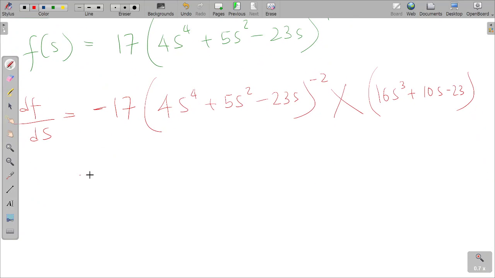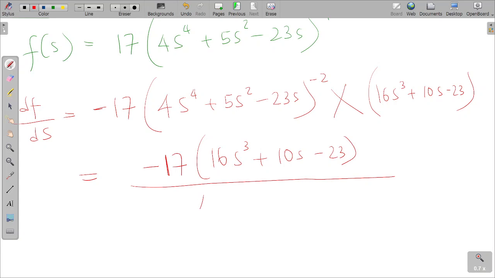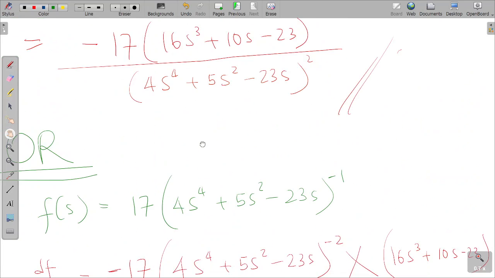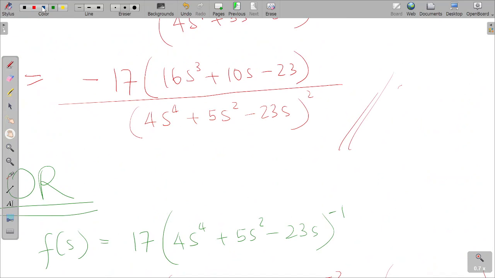If I rewrite this, I'm going to be getting minus 17 multiplied by (16s³ + 10s − 23), then all over (4s⁴ + 5s² − 23s) all raised to the power 2 now. All right, if you compare this with what we have before, it's the same.